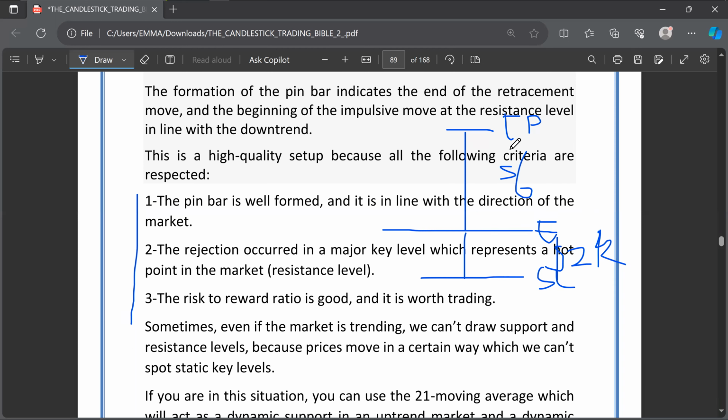Right? $6. So if we are going to do this in terms of ratio, your risk to reward ratio is, let's say, 1:3. That is it.